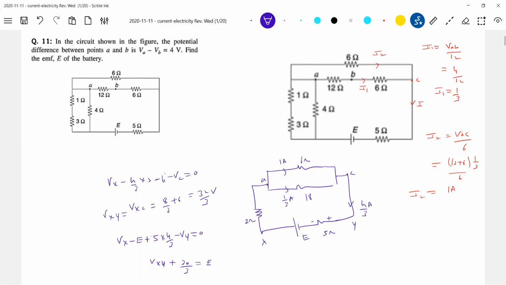Is it okay? Check the calculation once. I got 46 by 3. Even I got 46 by 3. Somewhere I have to check the calculation. We have I1 and I2. Vxy is coming as 26 by 3, sir, not 32 by 3. Let me verify things, I1 and I2.